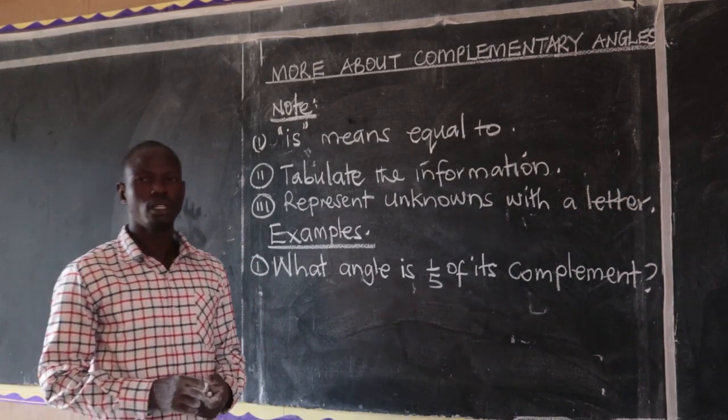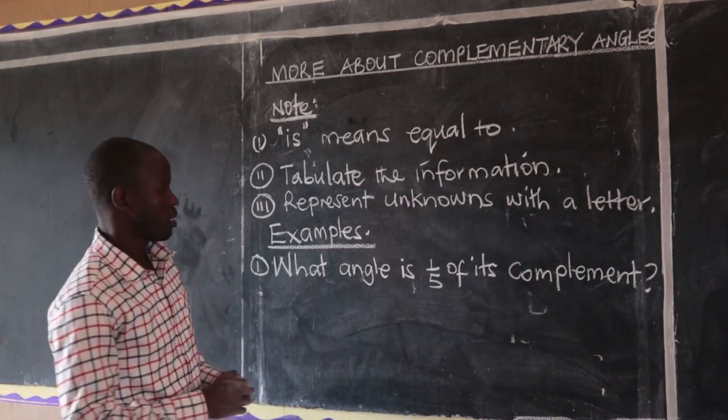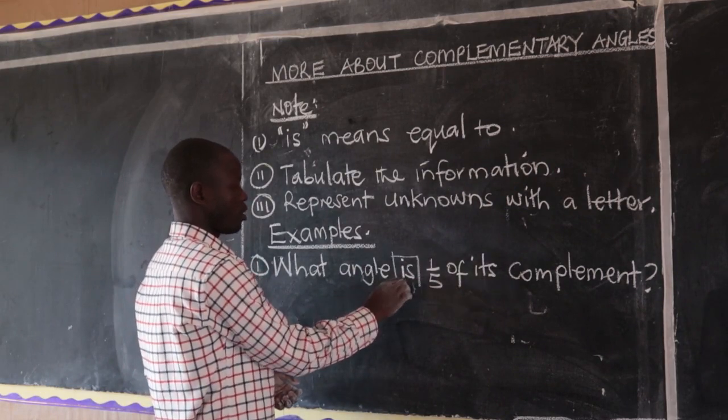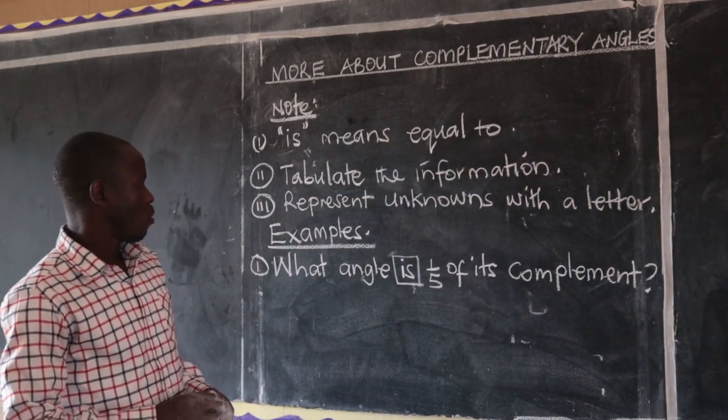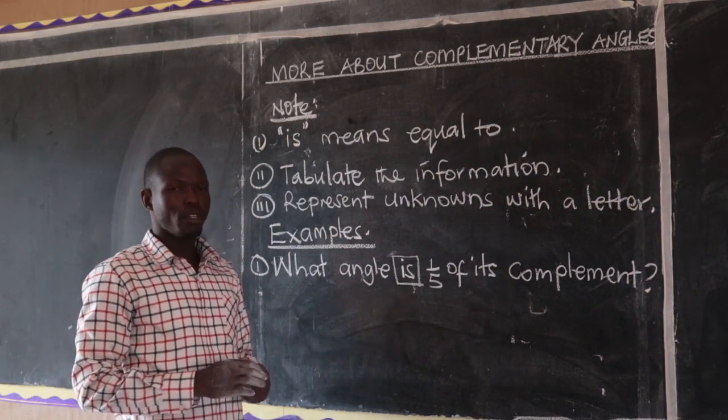What angle is a fifth of its complement? And here we have the preposition that we earlier mentioned, "is".